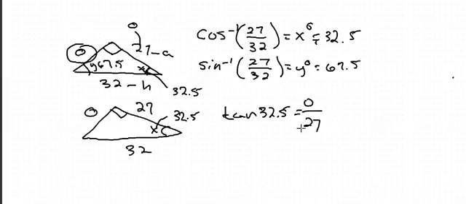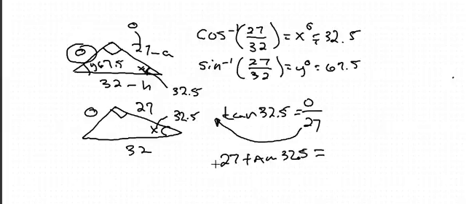So this 27 then gets written in front of the tangent. So we get 27 tan of 32.5. And you stick that in your calculator just the way I wrote it. You don't have to put any multiplication marks or anything. 17.2.